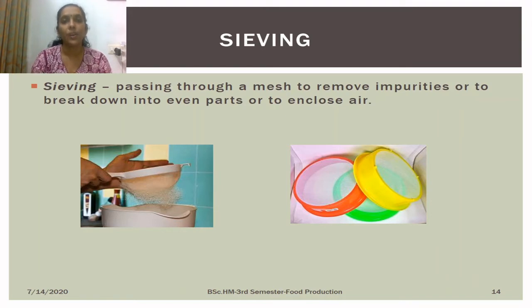Secondly, all the ingredients, especially if you combine flour and baking powder, get combined evenly. And also a natural incorporation of air happens when you do the sieving. There are different types of flour sifters available in the market.